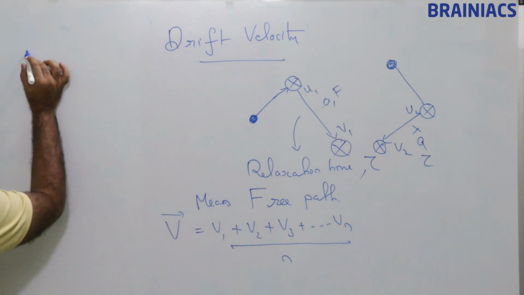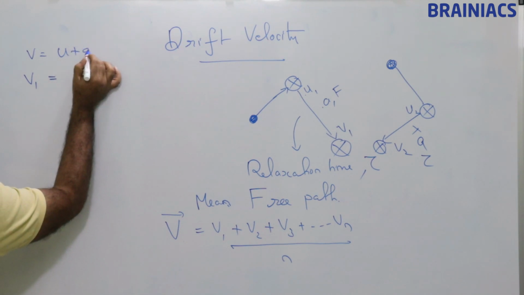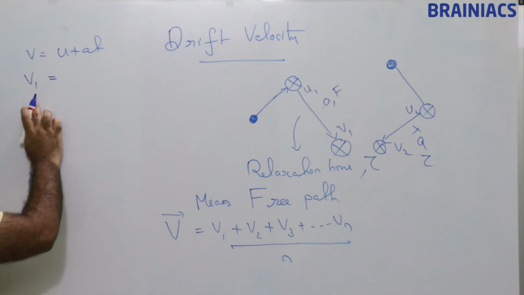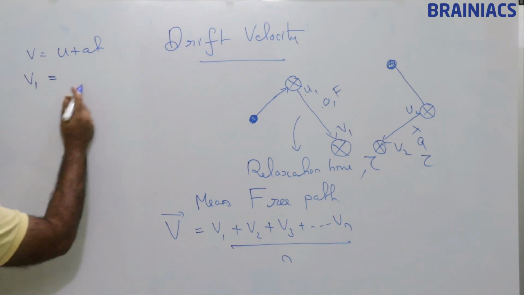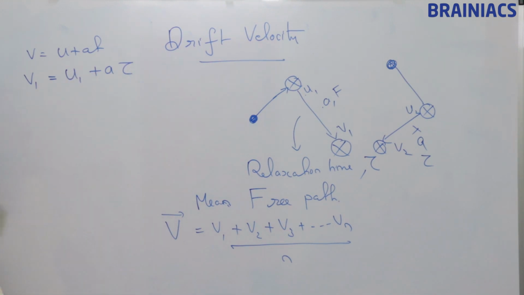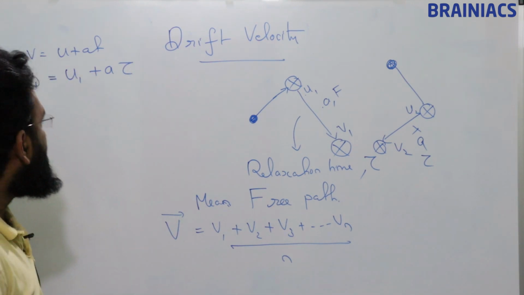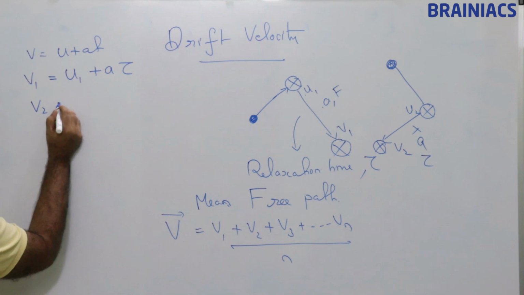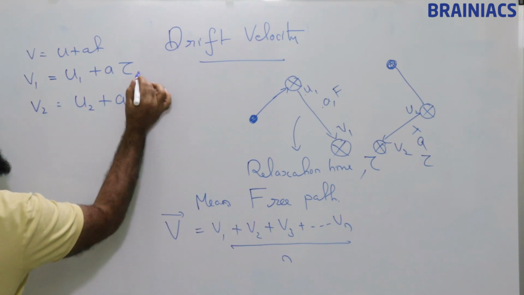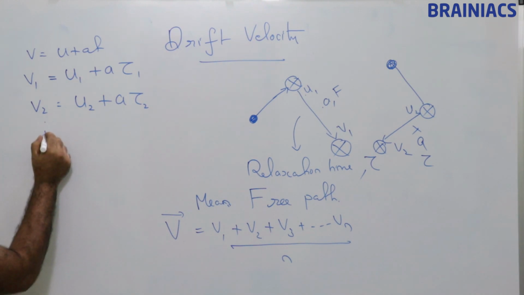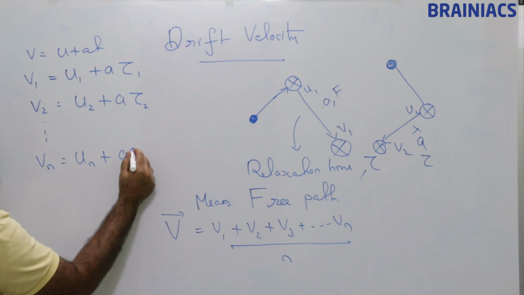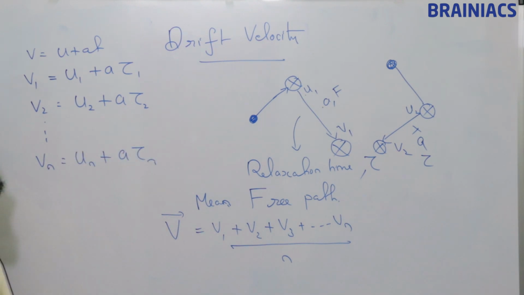So V is equal to U plus AT. Here V1 is equal to U1 plus A into the relaxation time. Same way V2 is U2 plus A tau 2, if I write this as tau 1. Likewise Vn is equal to Un plus A tau n.